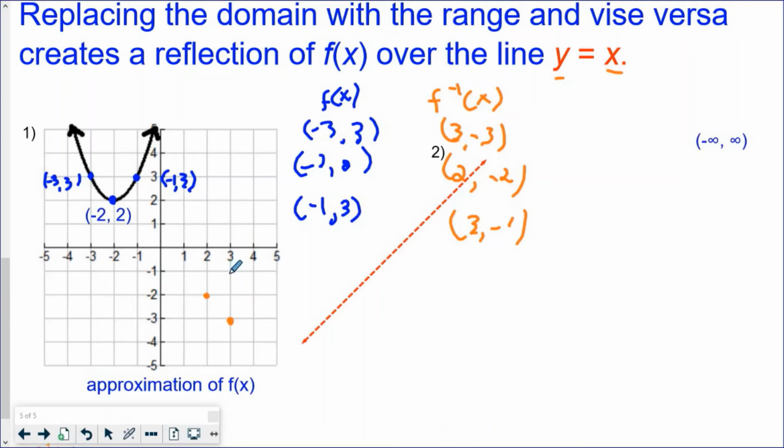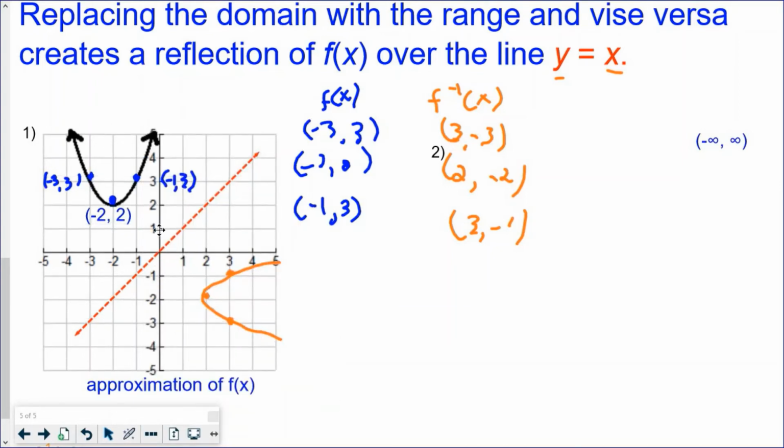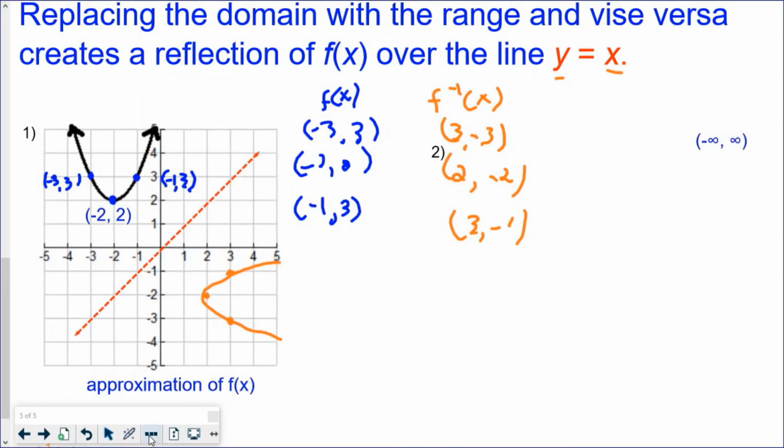And (3, -1) is here. And that would produce an inverse parabola looking like this over on this side. And that parabola would be a reflection of the original over this line. You can see the perfect reflection. And again, this one is the original f of x, and the other one is the inverse.